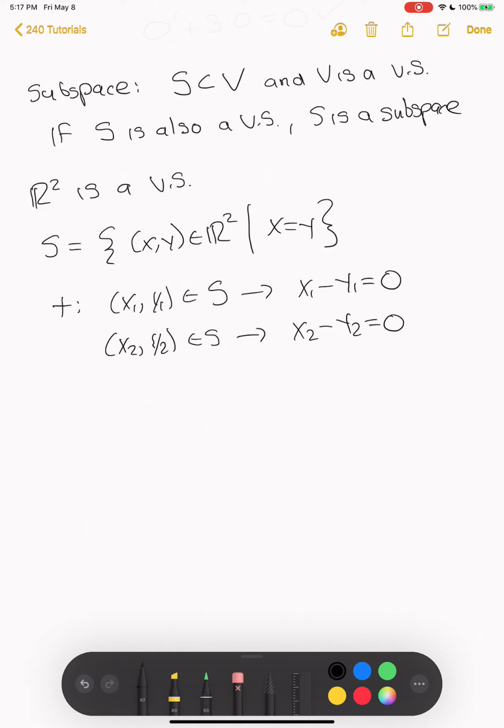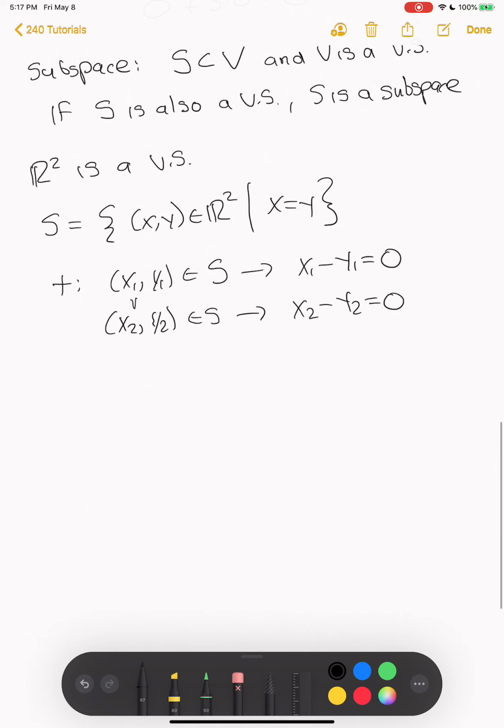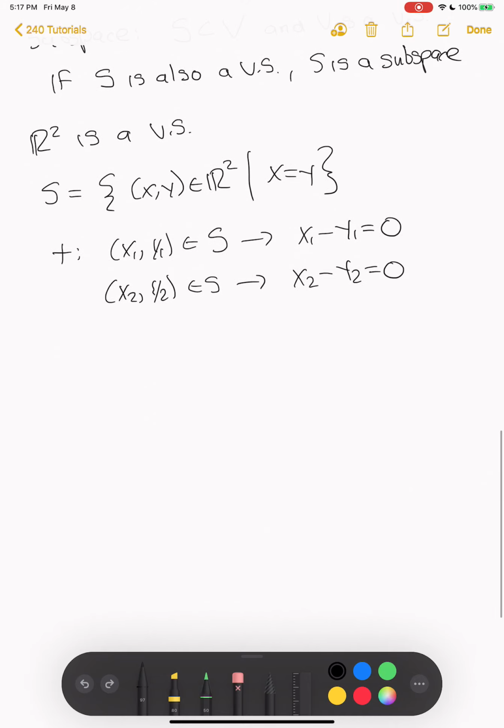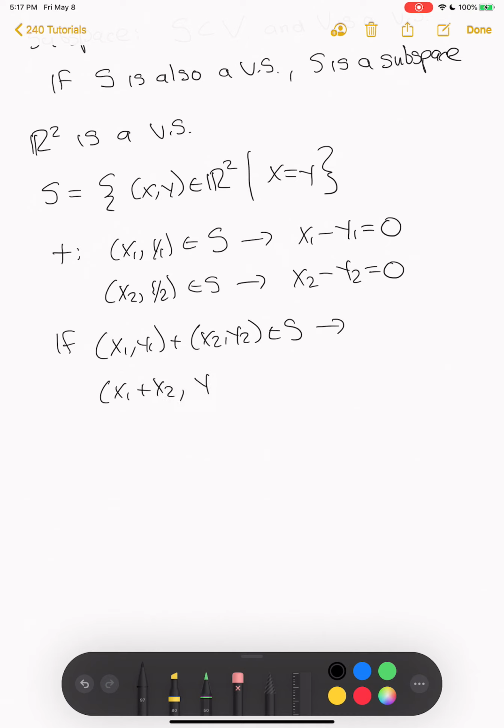And then I want to show that if I add these two things together here, that I end up still in S. So I have x1, y1 plus x2, y2 is in S. This is a big if here. Then I know that x1 plus x2, let me write this out one more time.